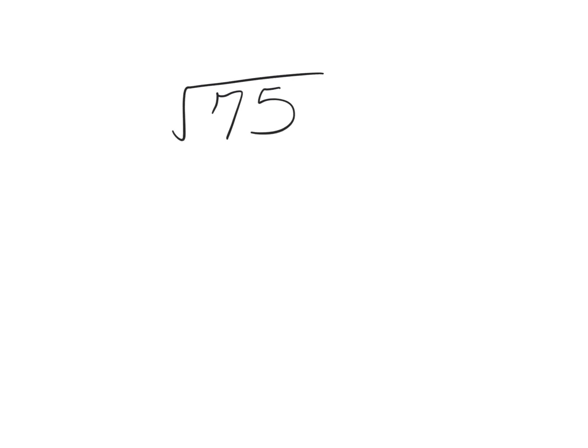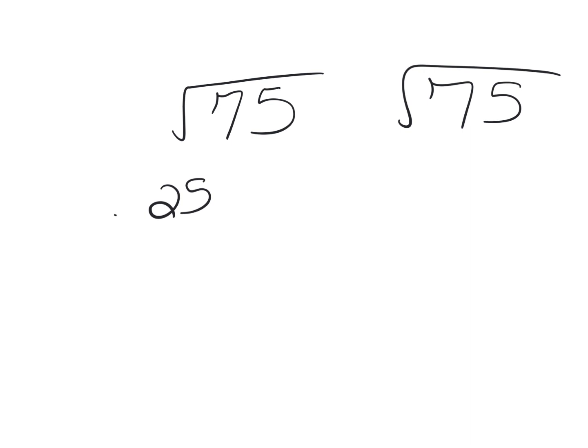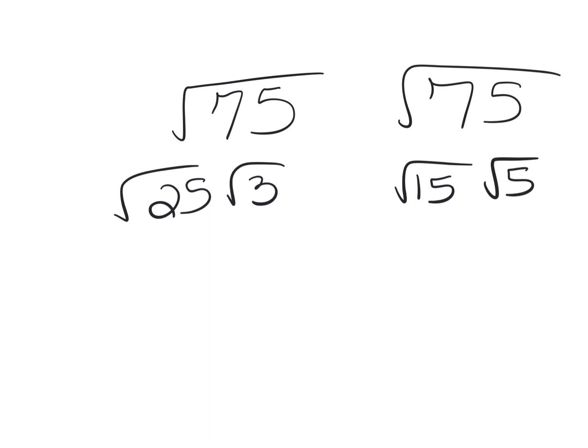Now, I can either choose to say I know that 75 is 25 times 3 or 15 times 5. Now, if you recognize 25 is a perfect square, you could automatically square root it, and then 3 can't be broken down and you're done. But let's say you said, I didn't want to do 25 times 3.